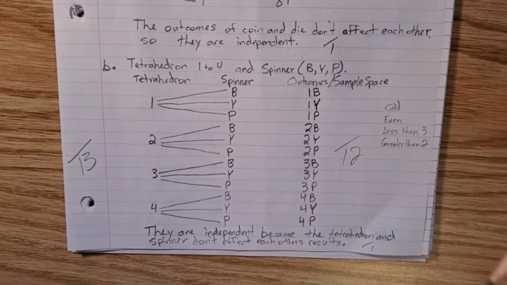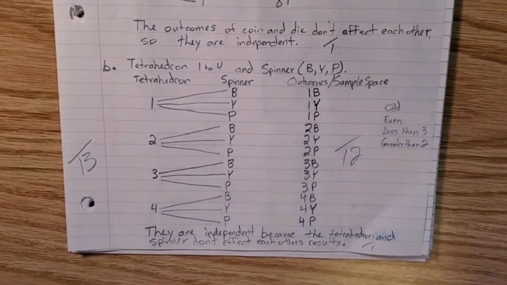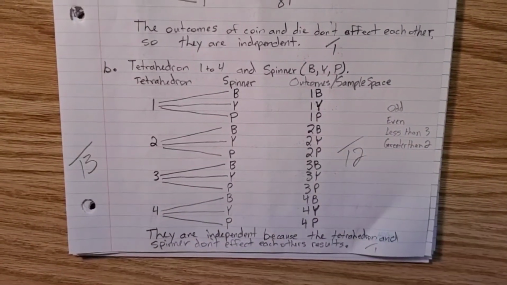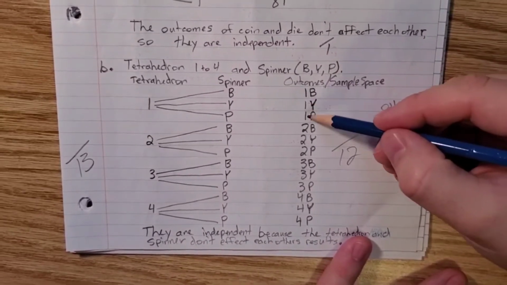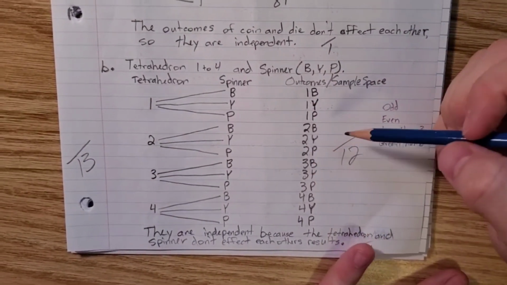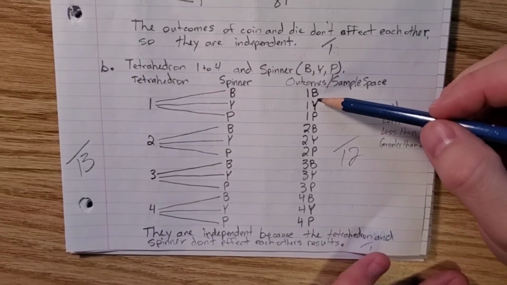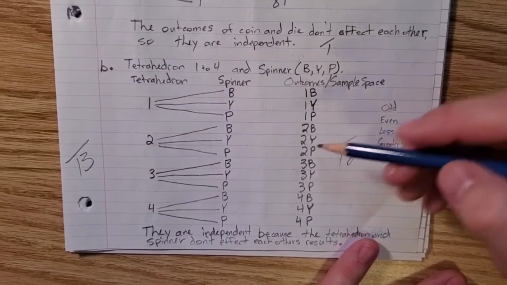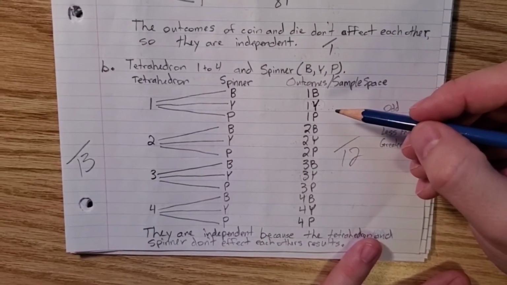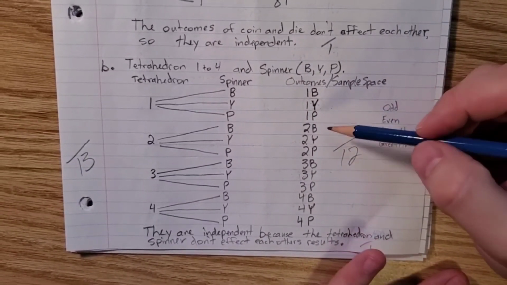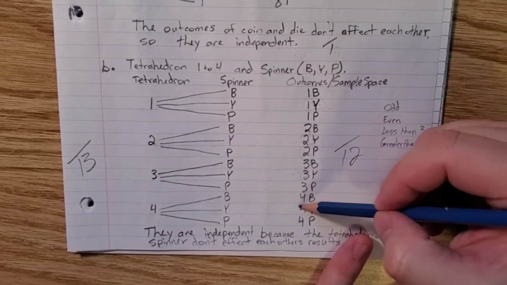But you could say either an odd number, so these ones, an odd number and yellow, so these ones, right? Or an even number but not blue, which would be these ones.